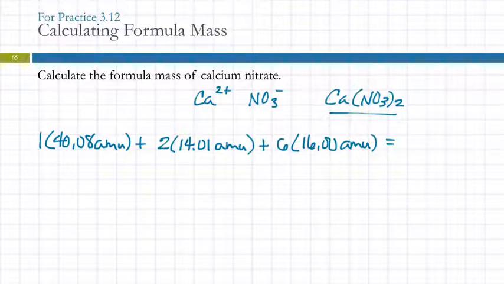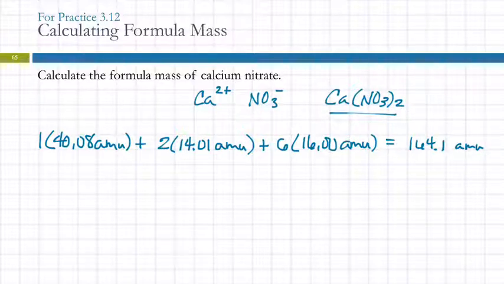And so we're going to add those all up. And you just punch this through on your calculator, and your calculator understands. So I'm getting 164.1. And the unit there would be atomic mass unit.